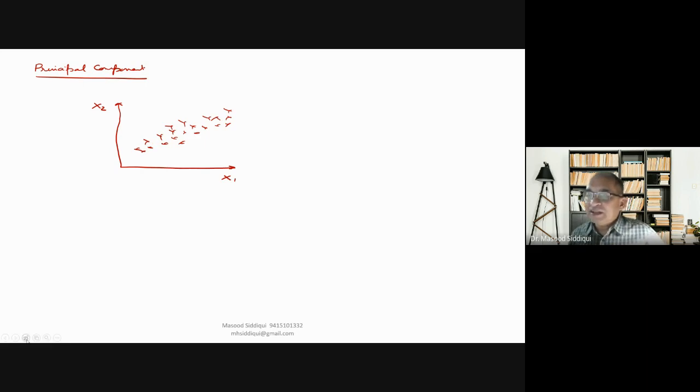Now, if we consider the dimension which is covering the highest variation, this is the direction of maximum variation in the data.